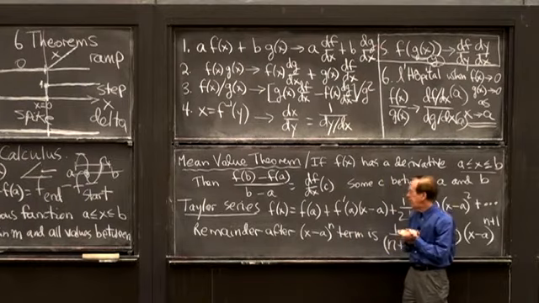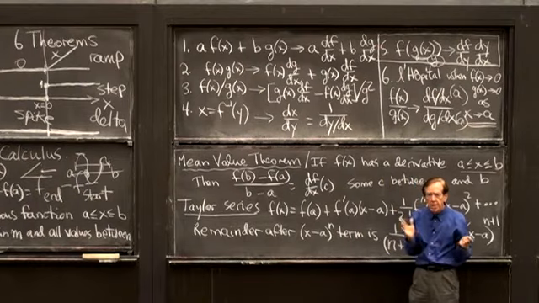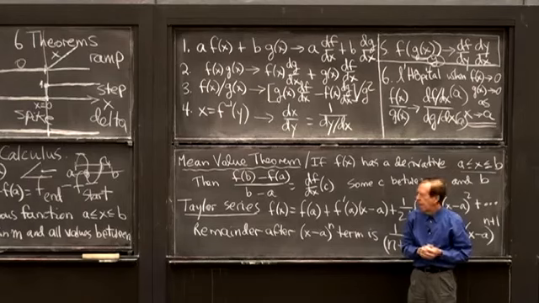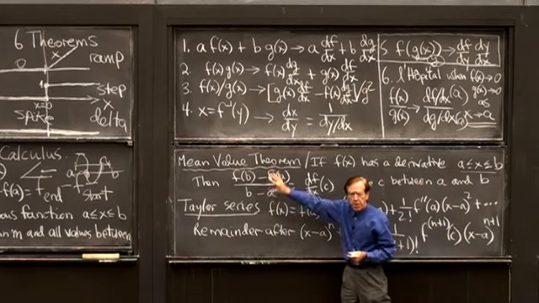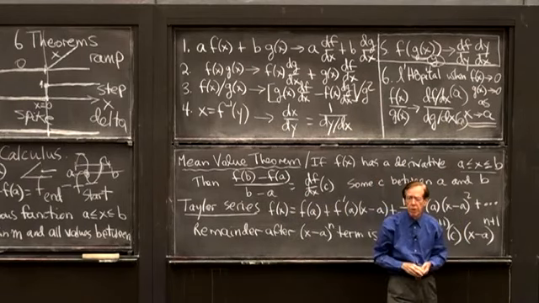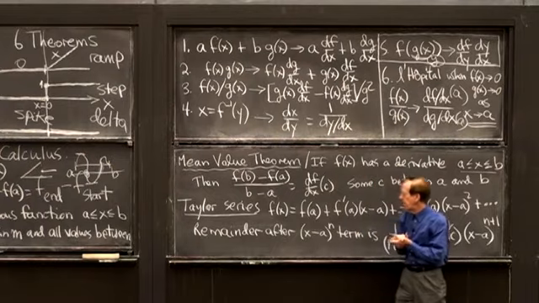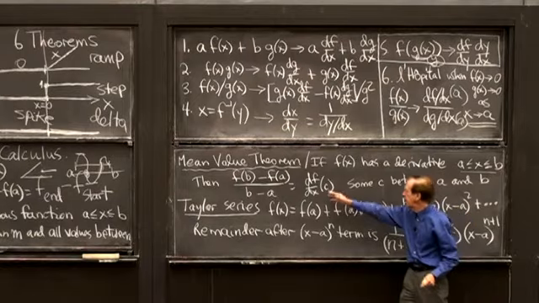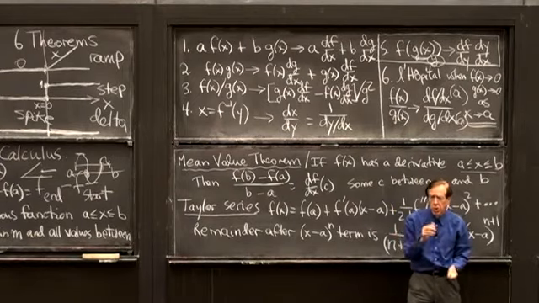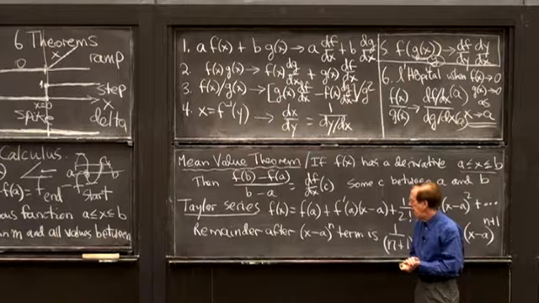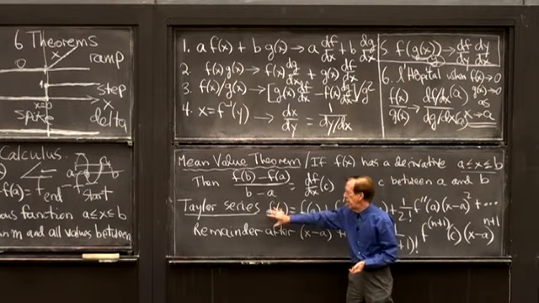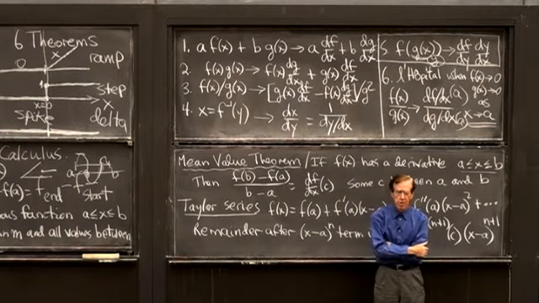Okay. That's the mean value theorem. Mean value is another word for average. So the mean value equals the instant value at some point, but we don't know what that point could be anywhere. Okay, now I'm ready for the last two theorems.